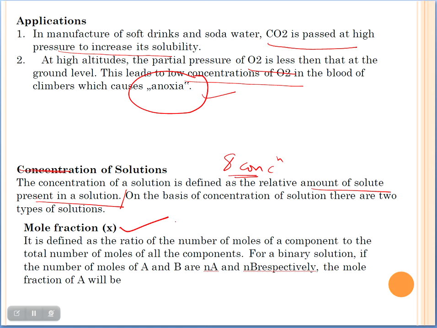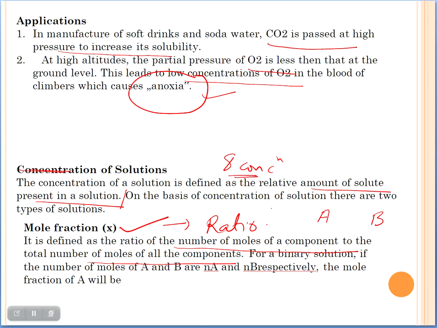Now the first concentration term is mole fraction. Mole fraction means ratio. Ratio of what? Ratio of number of moles of a component to total number of moles of all components. Let's say for example two components are there, A and B. We have to find out the mole fraction.